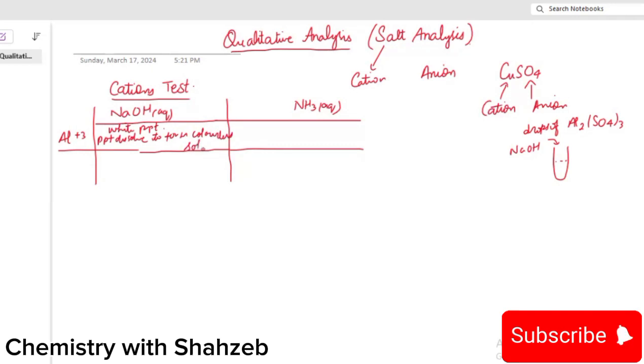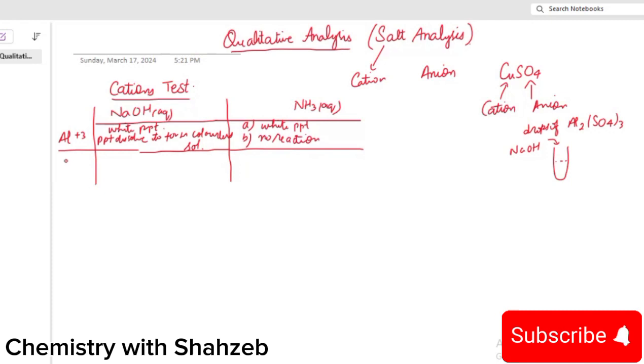The same happens with aqueous ammonia: a white precipitate forms on addition of drops of aqueous ammonia. And when we are putting it in excess, no reaction would take place with aluminium.